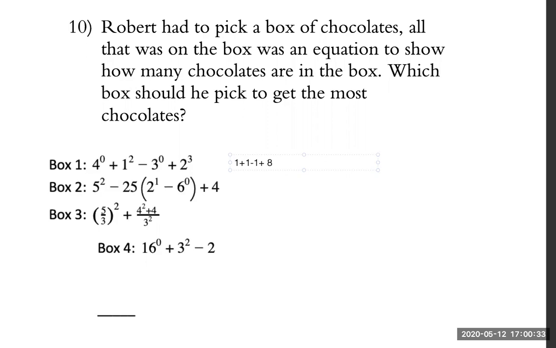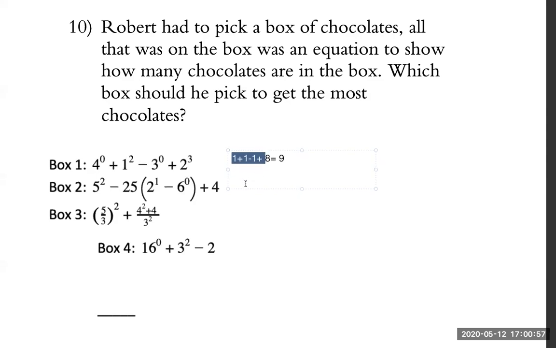Good. All right, so what's 1 plus 1? 2. Minus 1, 1. 1 plus 8 is 9. Easy. So box 1 has 9 chocolates in it.